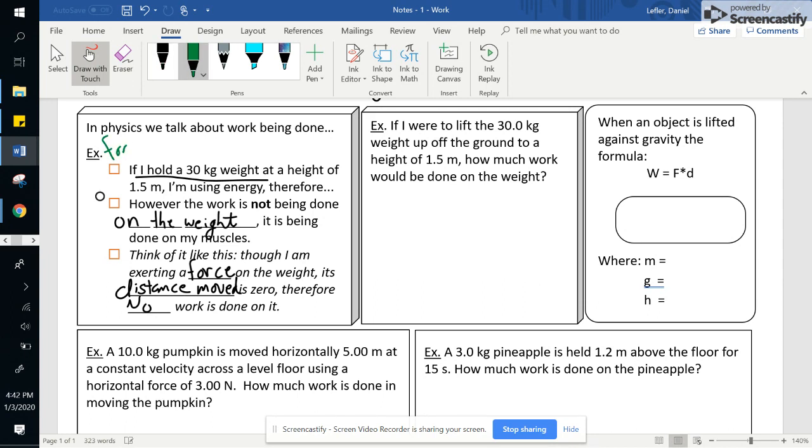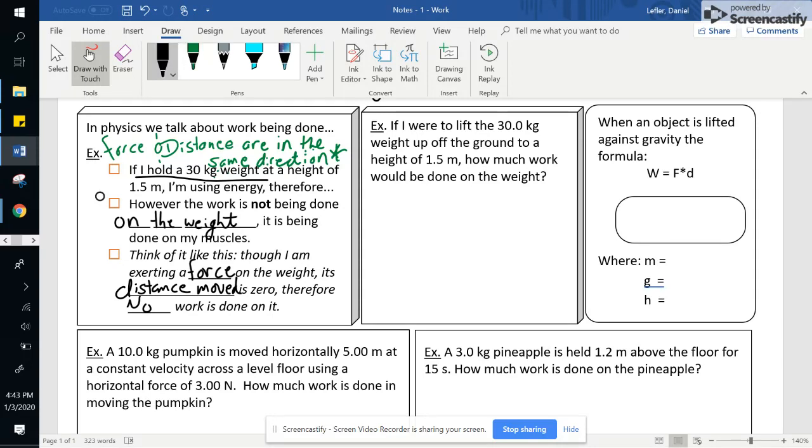So force and distance in the same direction. I know there's not a lot of room there to write that, but write that off to the side somewhere. That's the big thing on these.